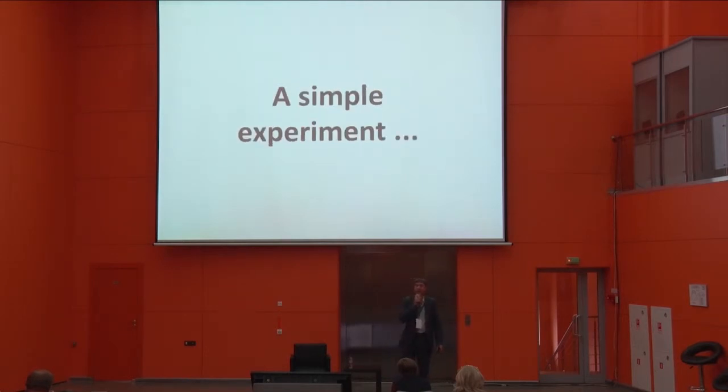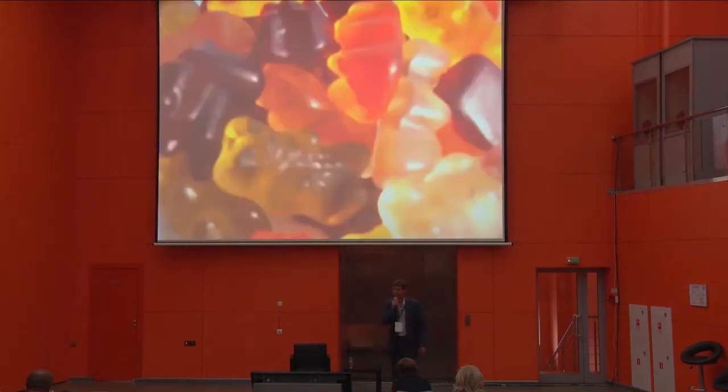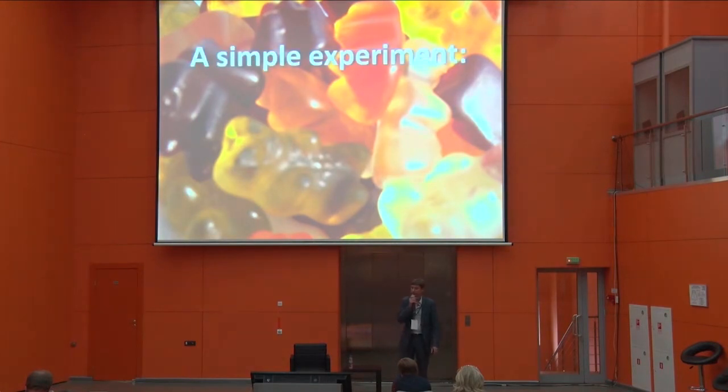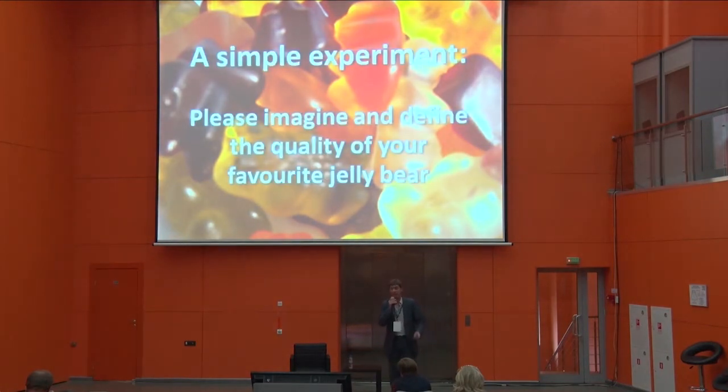A simple experiment that you can also make: think about such tasty jelly beers. Imagine them, and please tell me, how would you define the quality of your favorite jelly beer? Any idea? Sweet. Juice? Sweet?